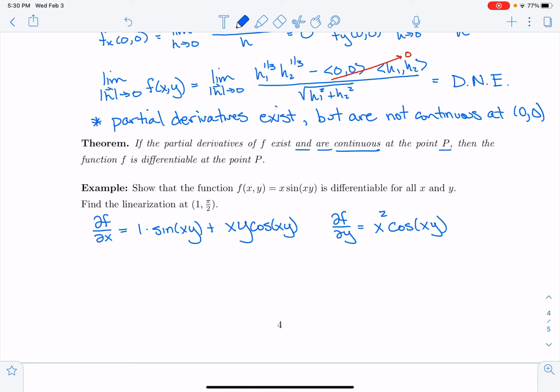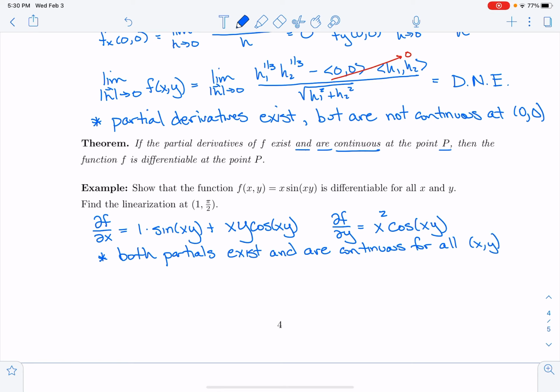And you'll notice that both partials exist and are continuous. It doesn't matter what the x and y are, for all xy. So now we've shown that the function is differentiable.